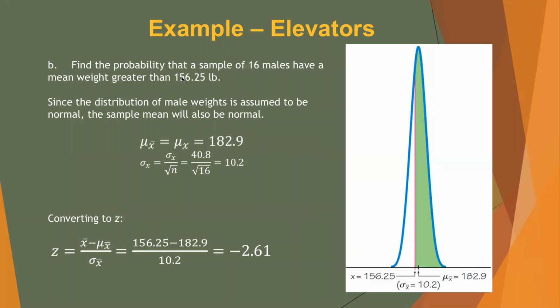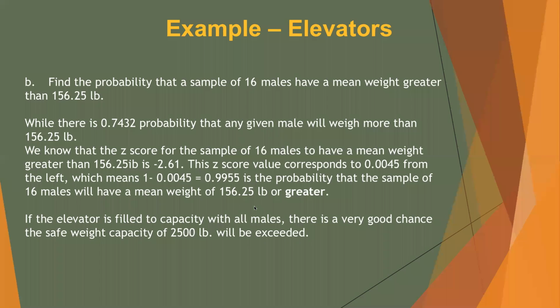Now, the other one is a sample of 16 males, so it's a group. We need to make a calculation adjustment for the standard deviation of that group. And so you'll see negative 2.611. You'll also see that the distribution looks more pointed. Negative 2.611 corresponds to 0.0045 from the left, which means the probability of it being greater is 0.9955.